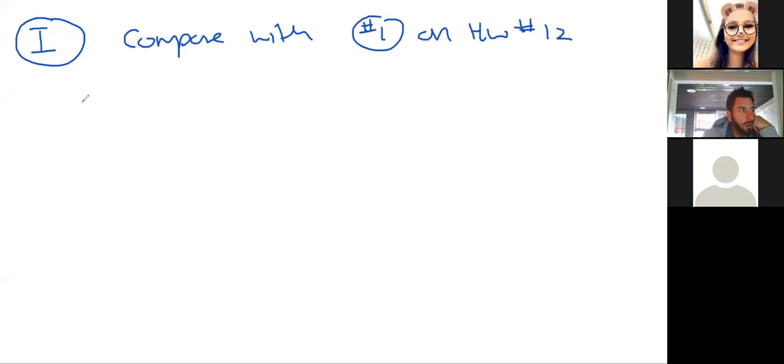So these are what we call indefinite integrals. So let's take something like 4x to the 5th plus x to the 2/3. So this is similar to 1A on the homework.